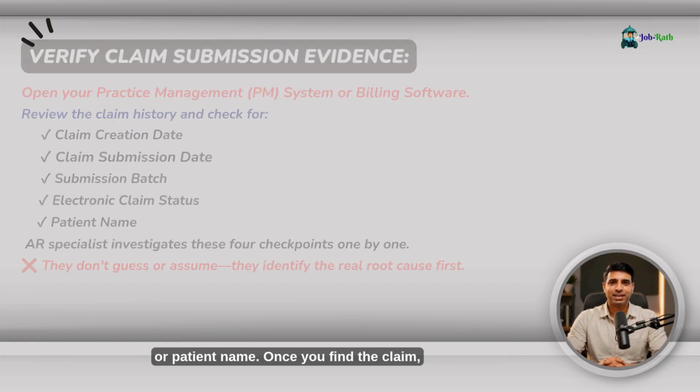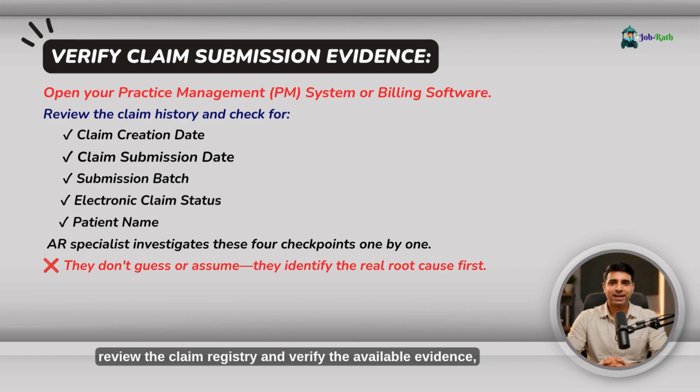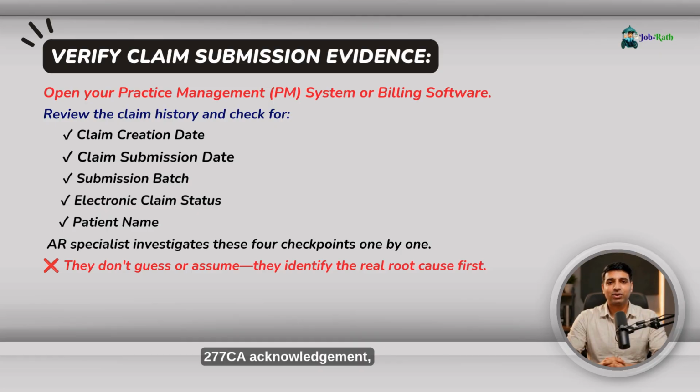Once you find the claim, review the claim history and verify the available evidence, such as claim creation date, claim submission date, submission batch, electronic claim status, clearinghouse tracking number, transmission report, claim acceptance report, 999 acknowledgement, 277 CA acknowledgement, payer claim control number PCN if available.